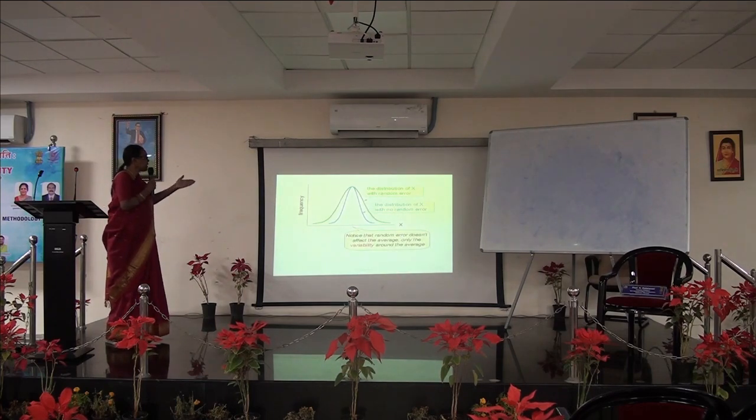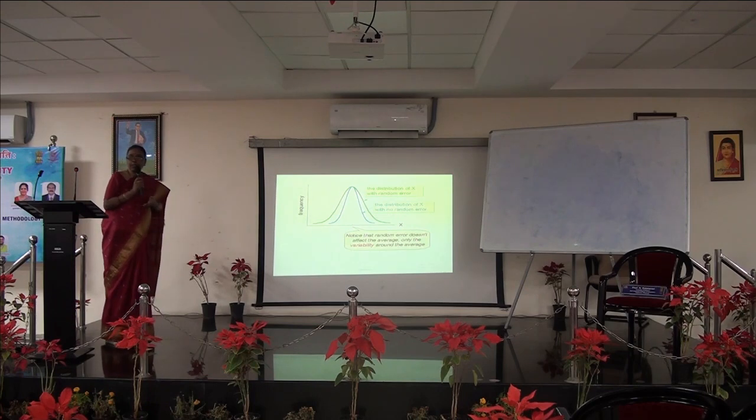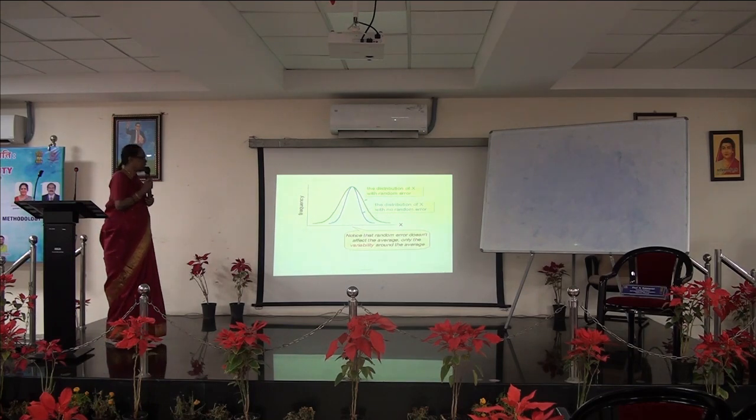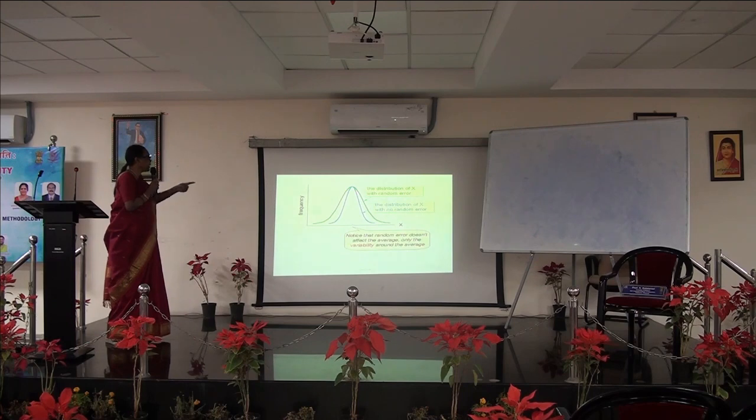So errors are reflected like this. Just now she has explained about the normality curve, that the frequency distribution explains the error. The distribution of X with random error is the green color. The distribution of X with no random error is also indicated.